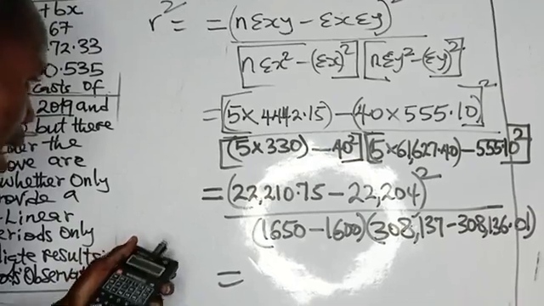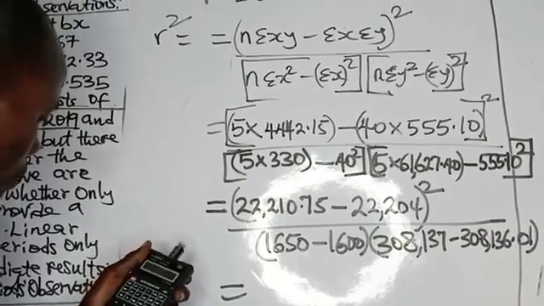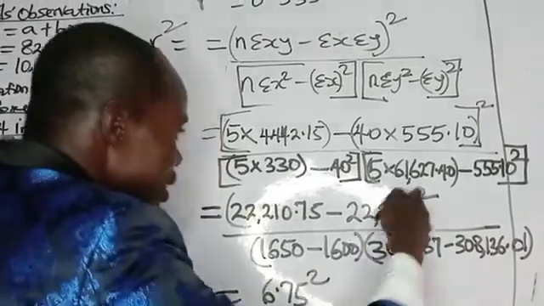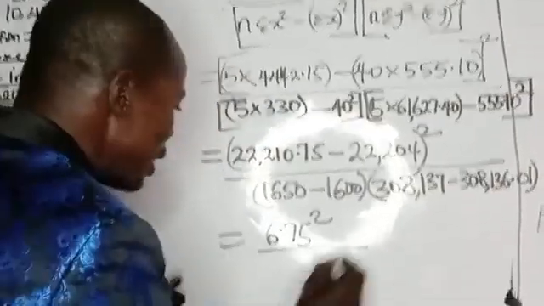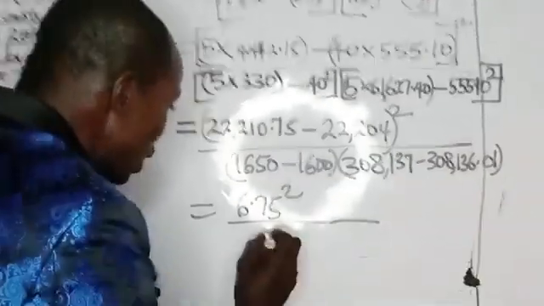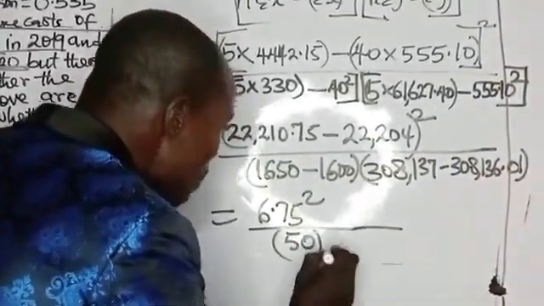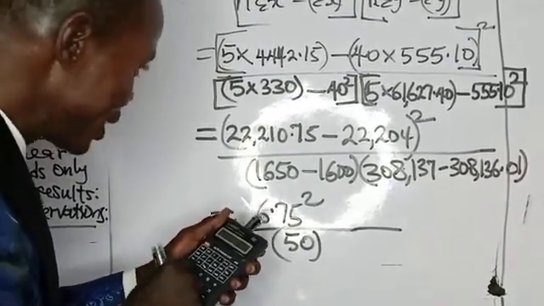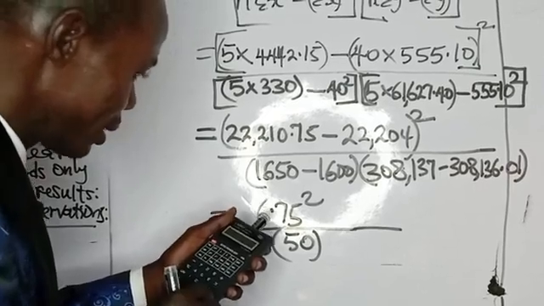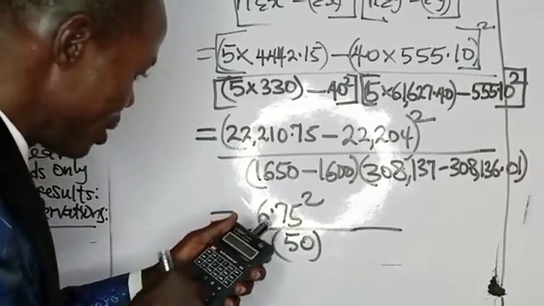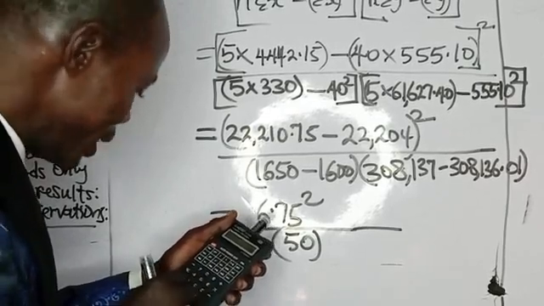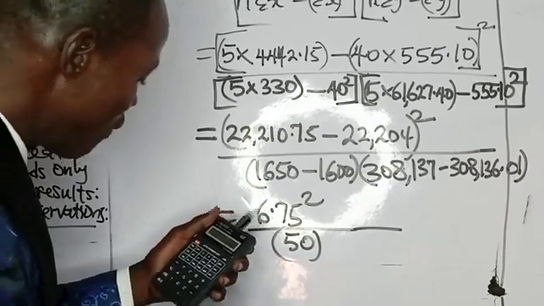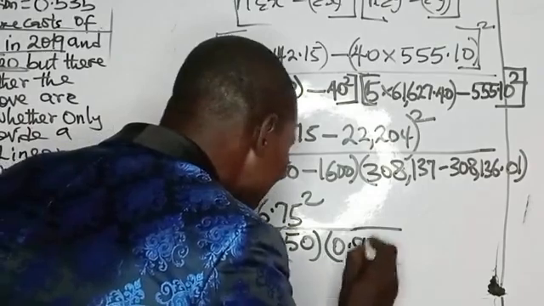22,210.75 minus 22,204, we have 6.75 squared, over 1,650 minus 1,600, that will be 50, multiplied by 308,137 minus 308,136.01, we have 0.99.